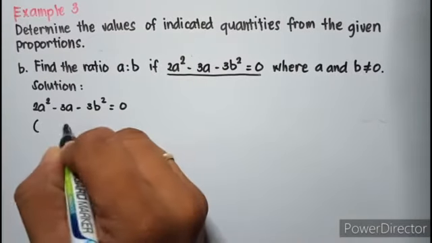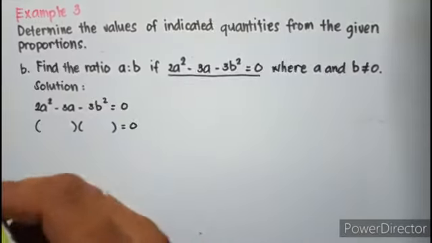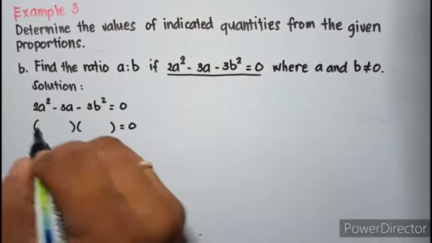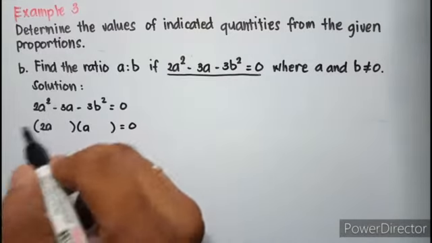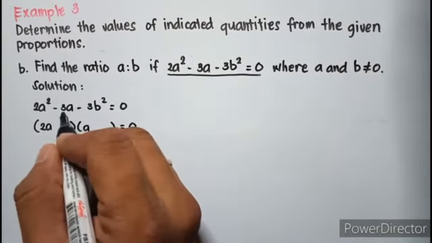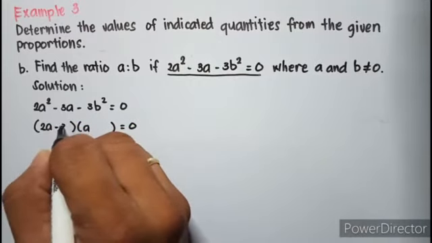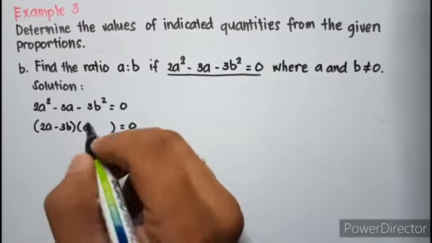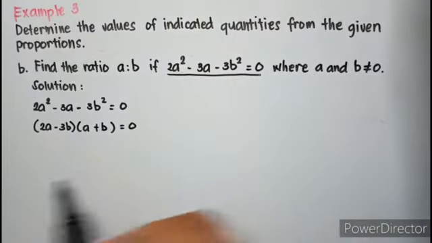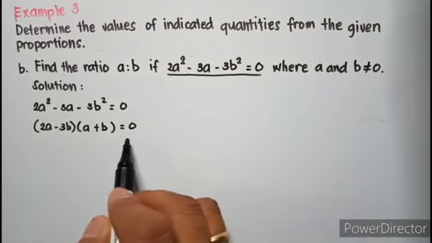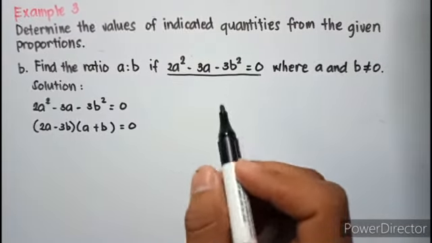Then we are going to factor our given equation. So that will become 2A and A. Then for our B, we will have negative 3B, then we will have plus B. If we are going to check this using the FOIL method, the result will be our equation.